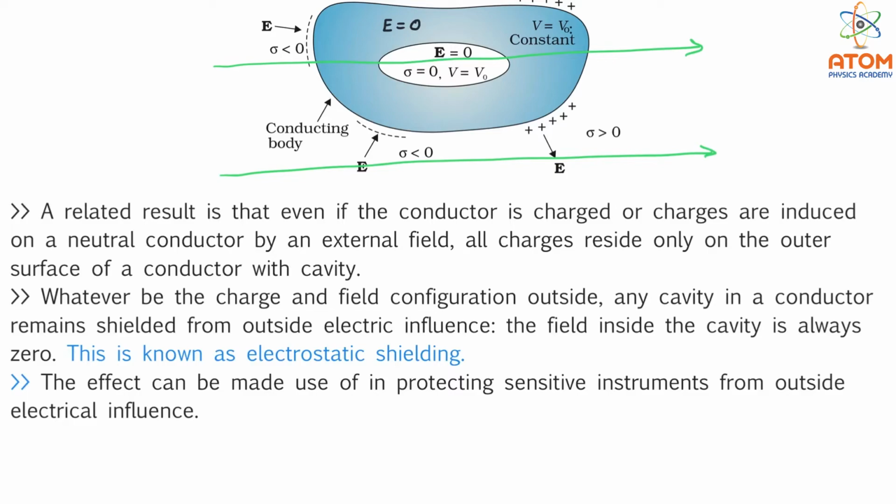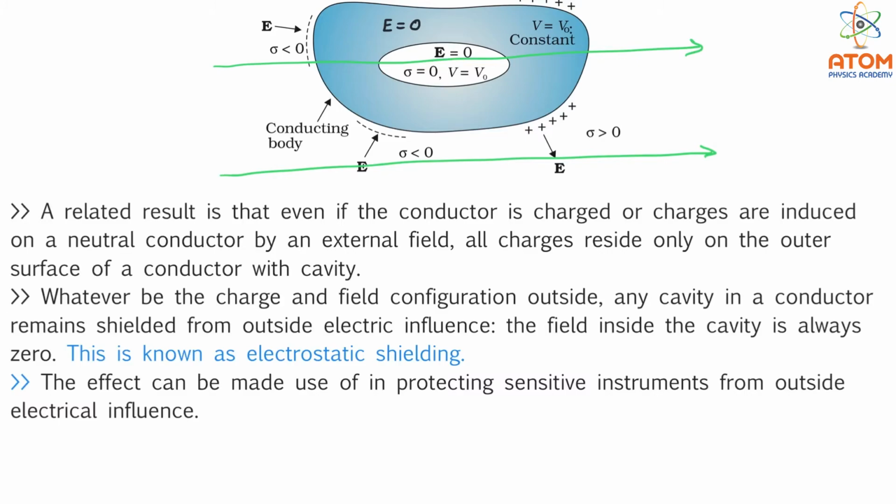So it requires protection from that electric field and that electric charge. For that, it is shielded by a silver foil. So it is shielded totally, means it is covered totally by a silver foil.